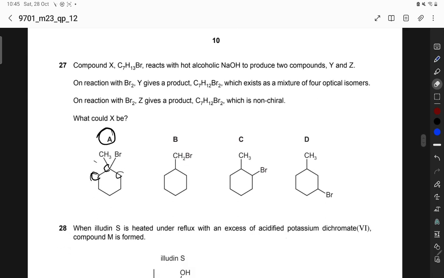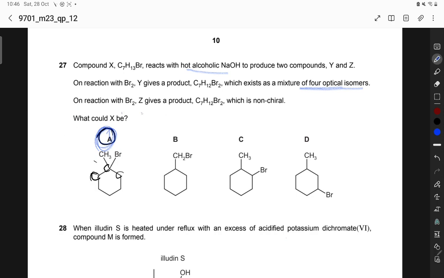So next question. Compound X, C7H13Br, reacts with hot alcoholic sodium hydroxide to produce two compounds, Y and Z. On reaction with bromine, Y gives a product C7H12Br2 which exists as a mixture of four optical isomers.